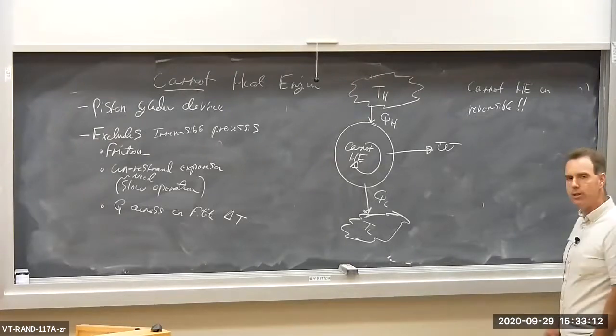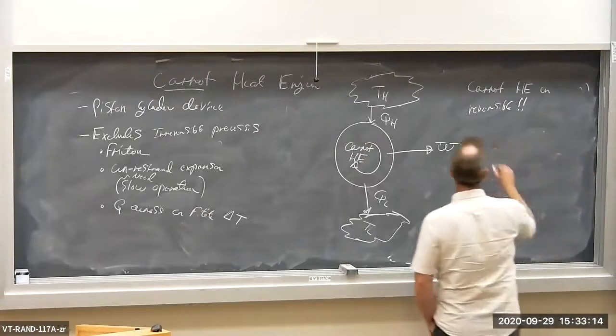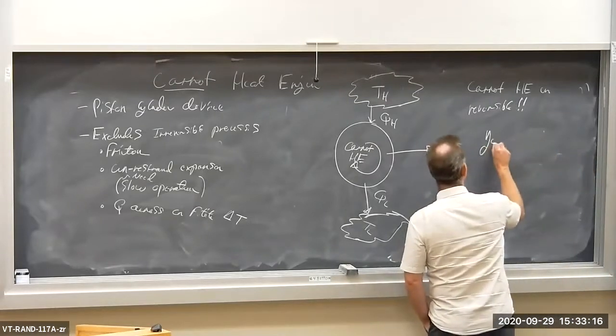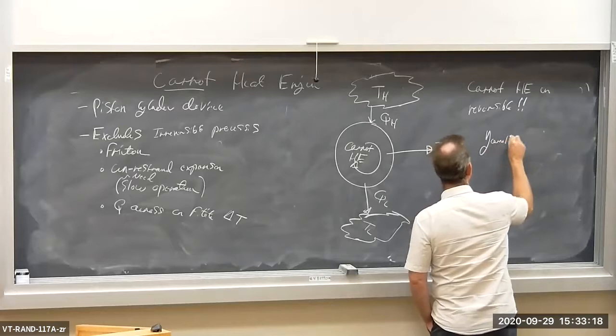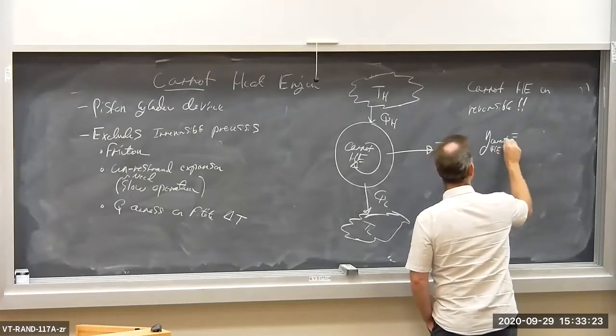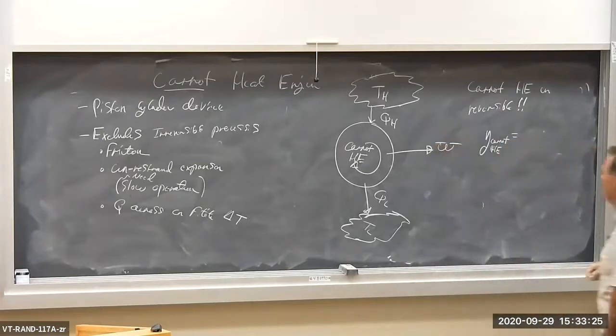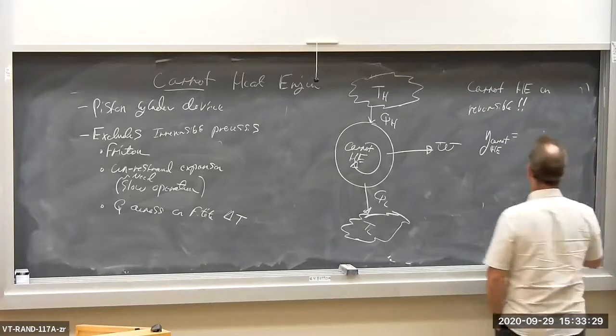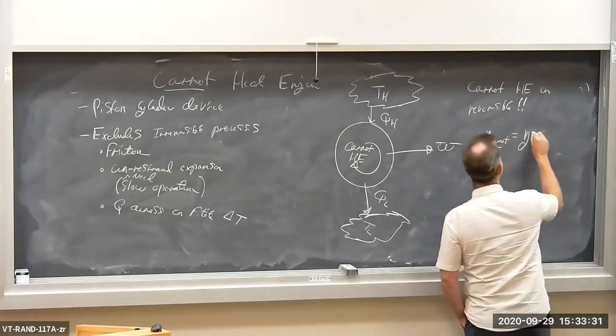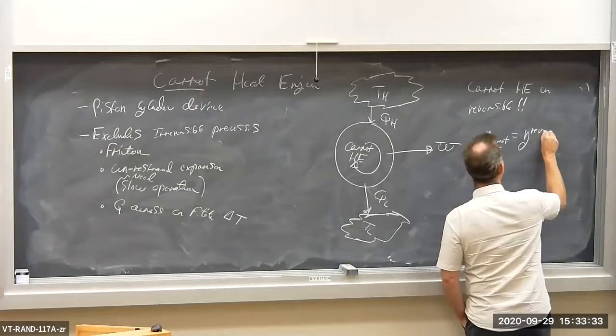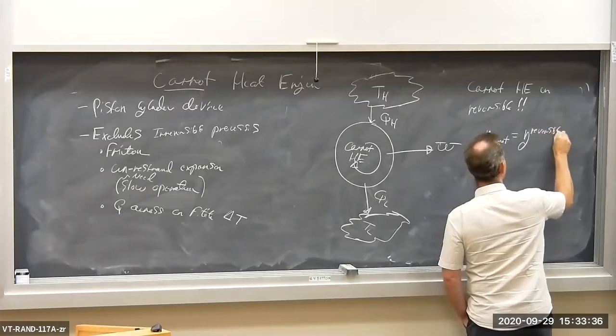So let's calculate the efficiency of this thing. The efficiency of the Carnot cycle, or Carnot heat engine. Well, it's a reversible heat engine. It's a reversible device. So the efficiency is equal to that of the reversible heat engine.